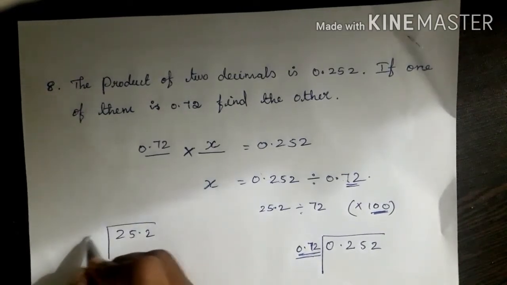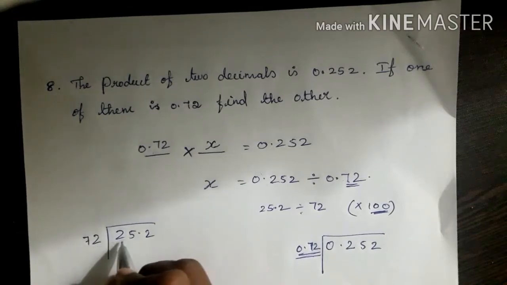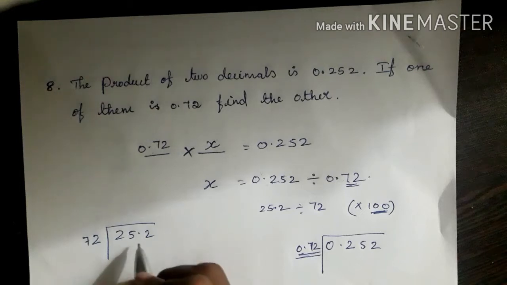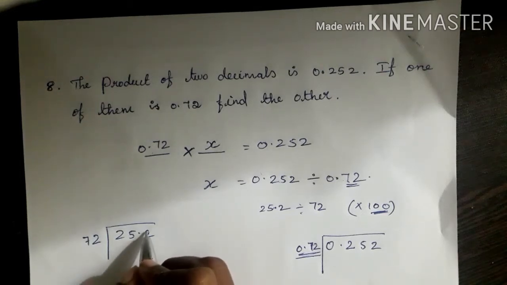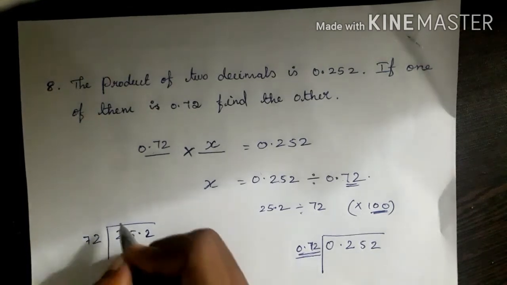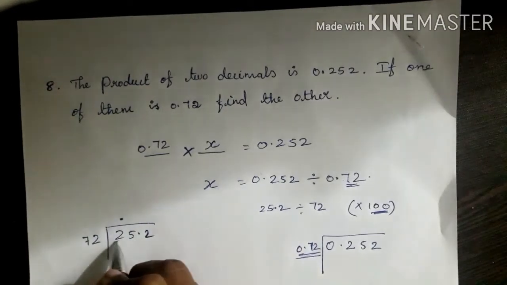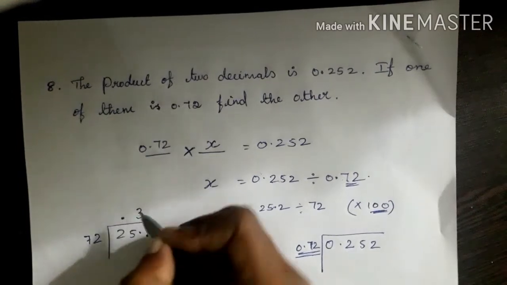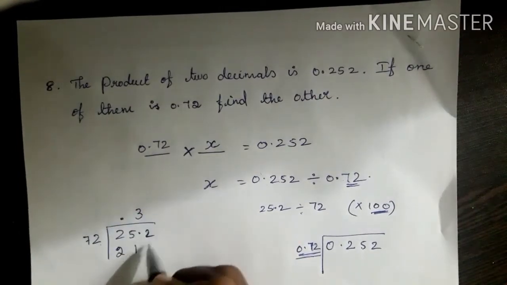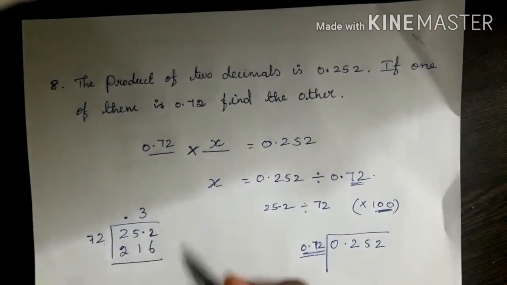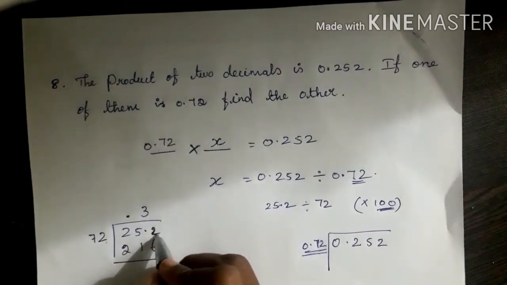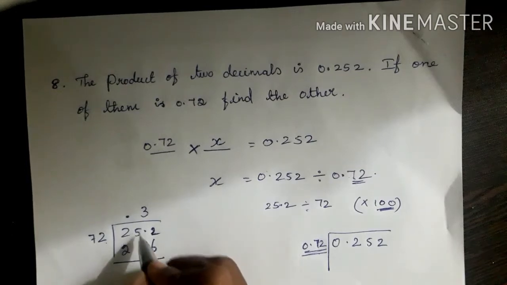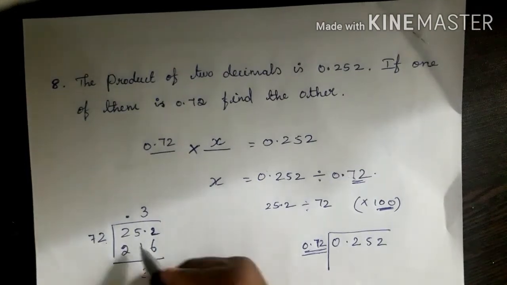25.2 and 72. Take the first 25, which is smaller than 72, so we can't divide. So what to do? We need to take one more number, but before that number there is a point, so put the point in the quotient, then take this number. Now 252. 72 threes are 216. Now subtract. 2 can't subtract, take 1 from here, it becomes 12. 12 minus 6 is 6, here 4. 4 minus 1 is 3, and 2 minus 2 is 0.